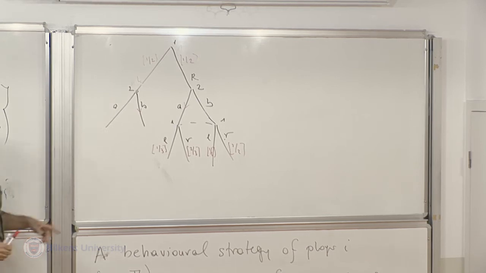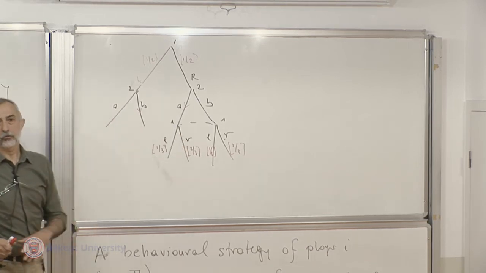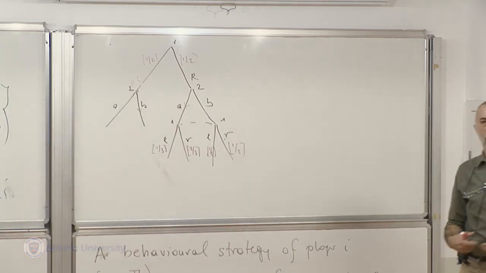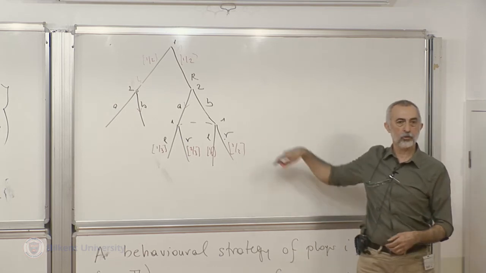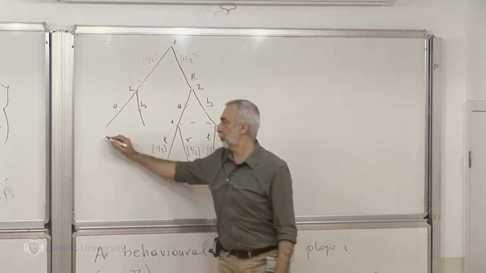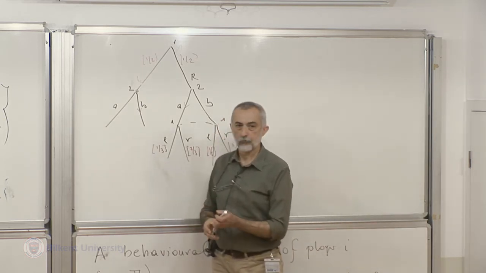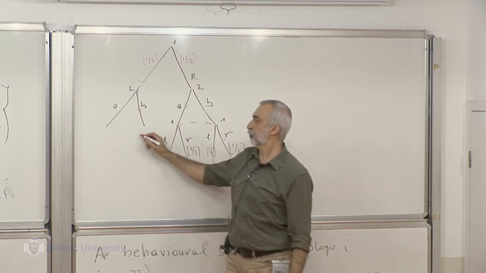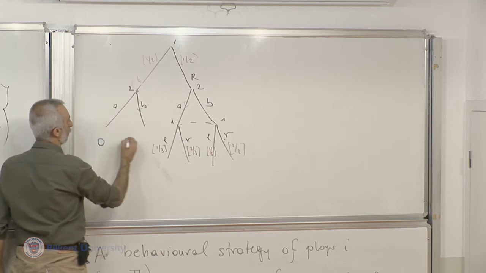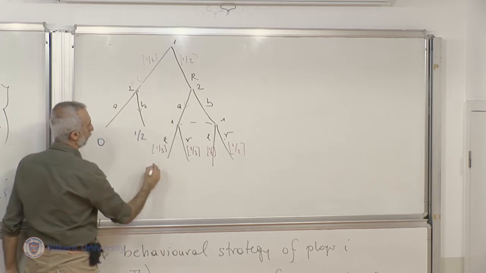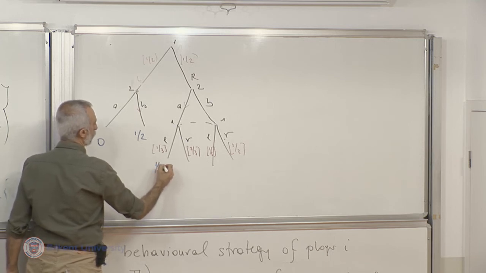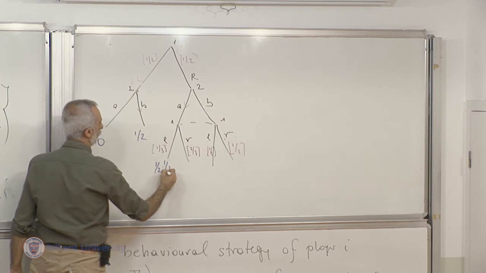So, given this behavioral strategy profile, what is the probability measure induced on the terminal histories? So this terminal history will be realized with probability 0. This one with probability 1 over 2. This one with 1 over 2 times 1 over 3.